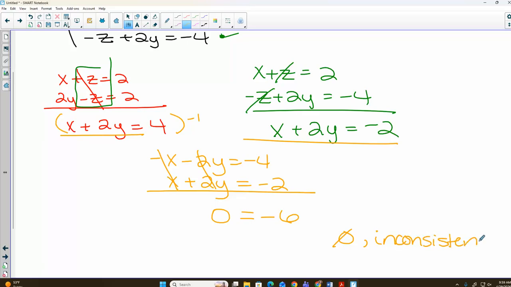Inconsistent. The direction said to identify any inconsistent systems. So we have to say no solution, inconsistent there. Is that one okay?